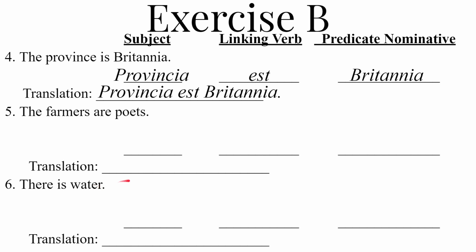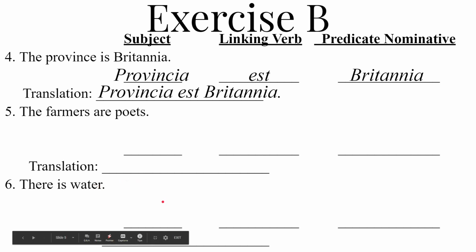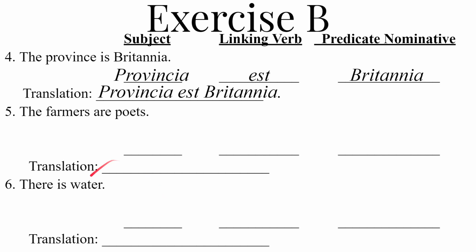That is the Latin aqua, with the A ending, singular A. And then there is going to be est. So make sure that when you write it in your translation, you write est first, because existential est and existential sunt come first. So est aqua. There is water. Kind of a tricky one at the end.